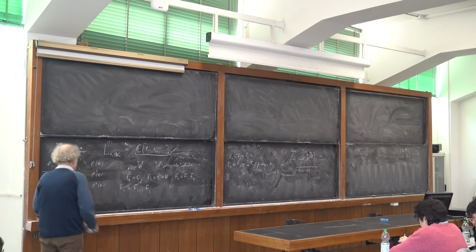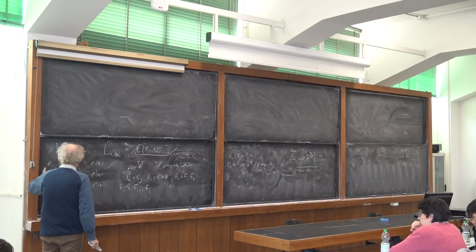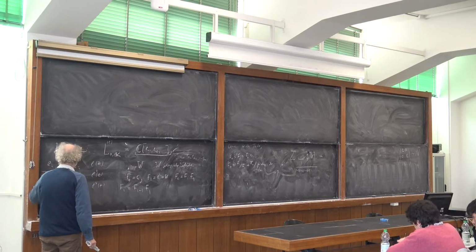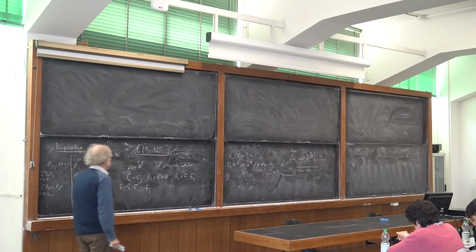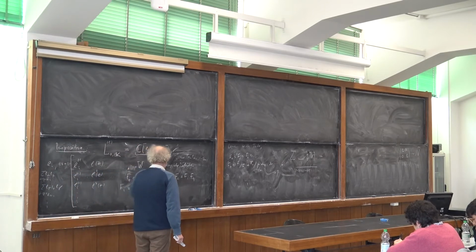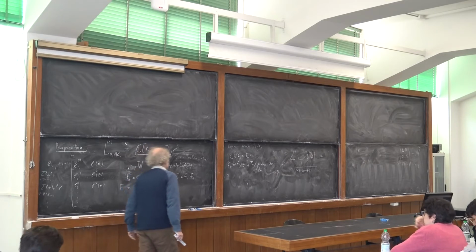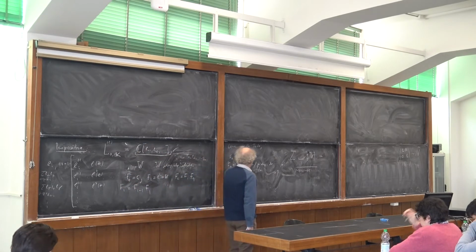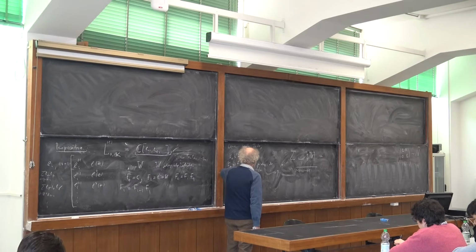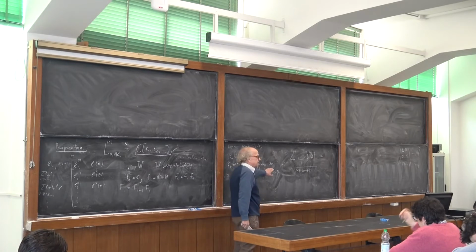My space W is just the span of what I have here. This is a basis in my W, and using this W, I can play this game and make first the filtration and then an additional grading.